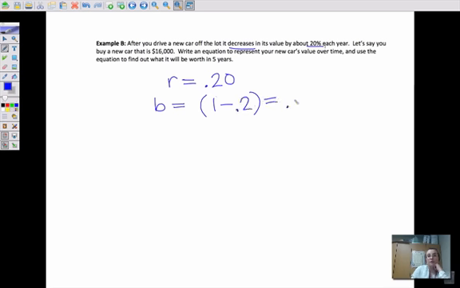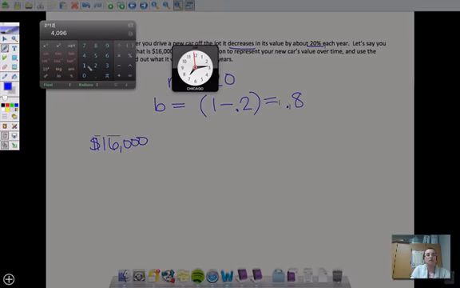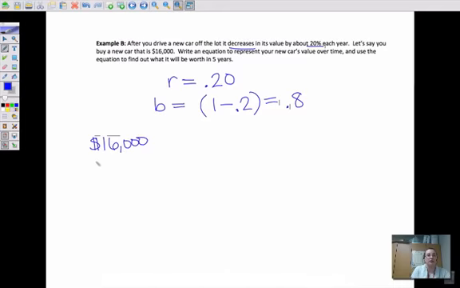That means I'm going to be multiplying by 0.8, because my car started off at $16,000, and when I multiply that by 0.8, that's going to tell me the value of my car at 80% of its original value, which is taking 20% off. So that's $12,800, and so on and so forth every year.